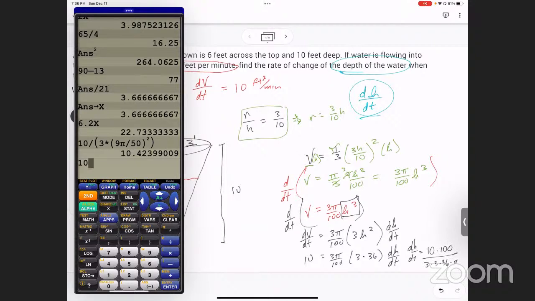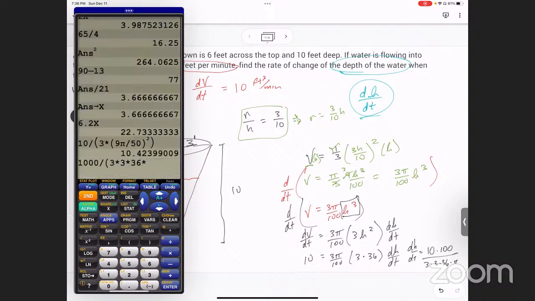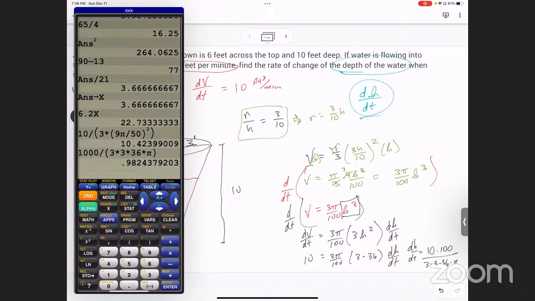So it's 1,000 divided by 3 times 36 times pi. There we go. Is that the answer? Yes. All right, my fault.